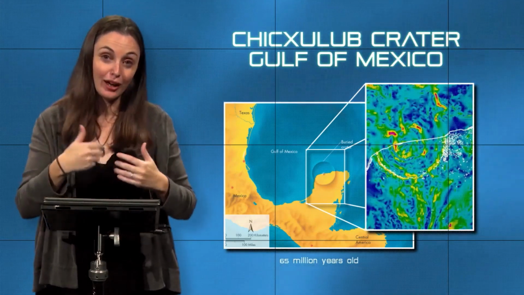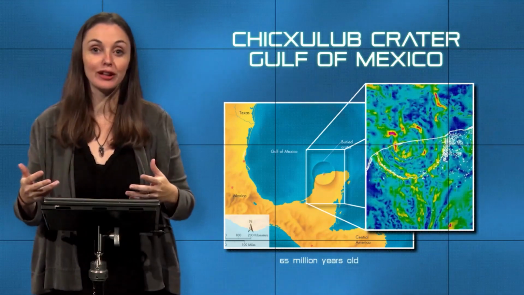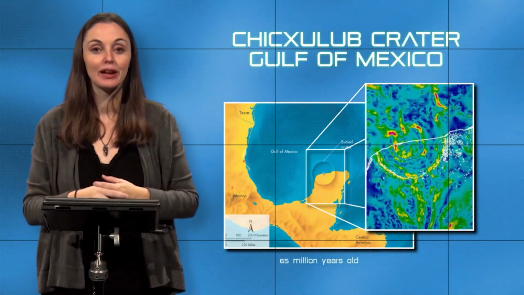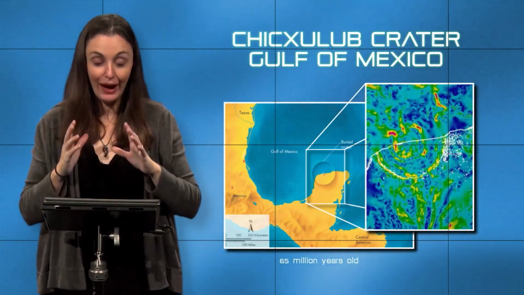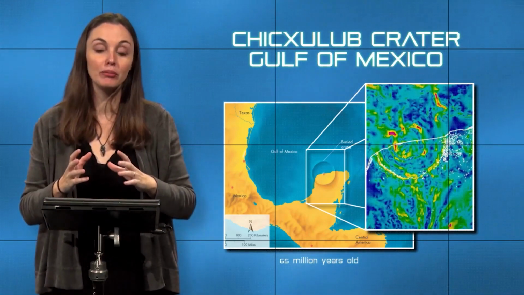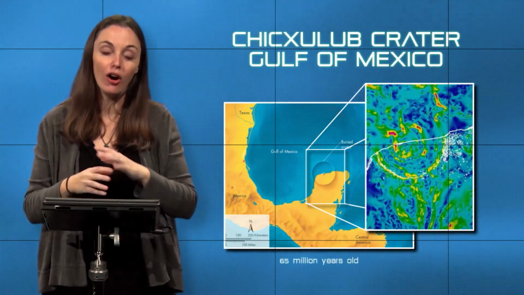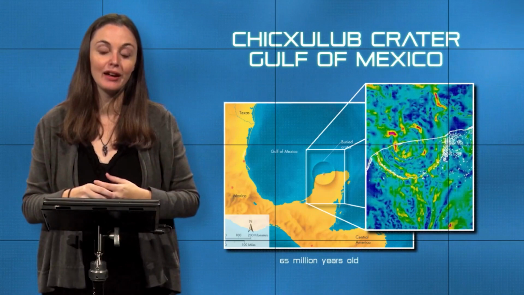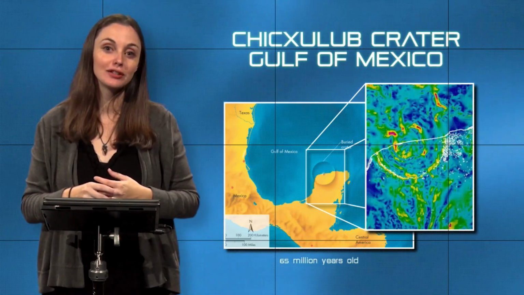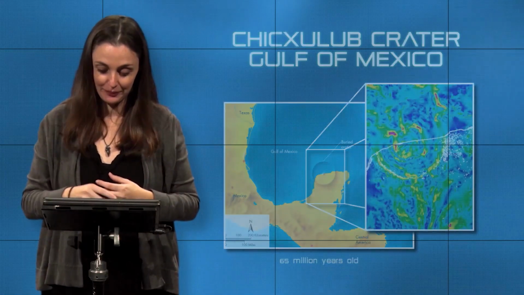And that too had its own round of climatic implications. So either way, it led to a massive die-off of many, many species, including all of the species that we consider to be dinosaur species today, except for one of their descendants, the birds.